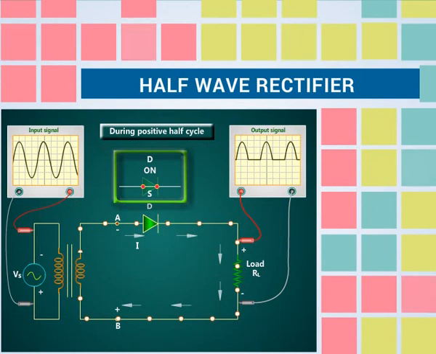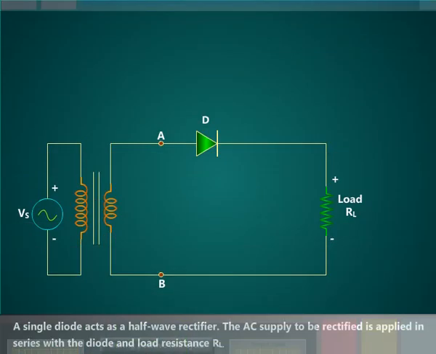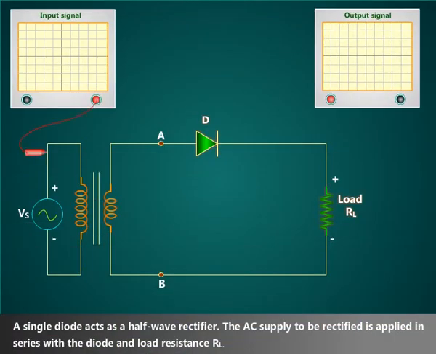Half-wave rectifier. In this video, we are going to see about the operation of half-wave rectifier. A single diode acts as a half-wave rectifier. The AC supply to be rectified is applied in series with the diode and load resistance RL.